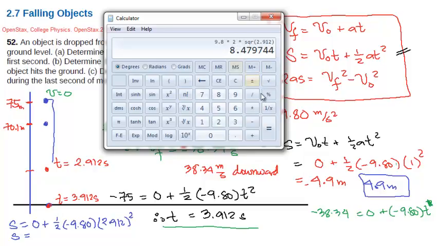It should be divide by 2, right? Yeah, divide by 2. I hope you understand why I'm doing that. So the answer is 41.55.